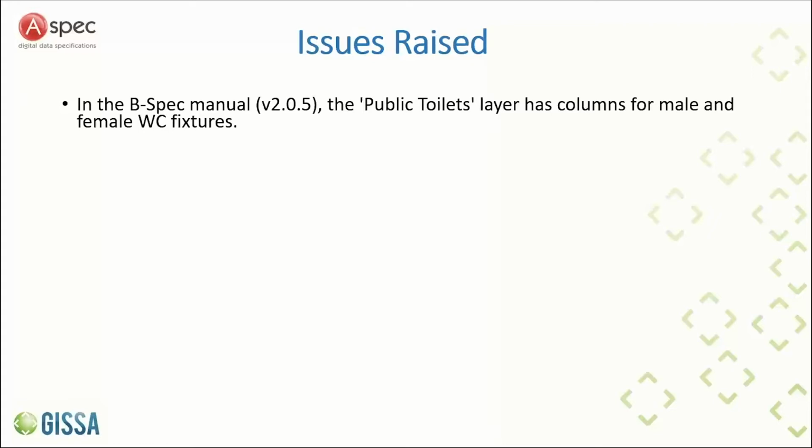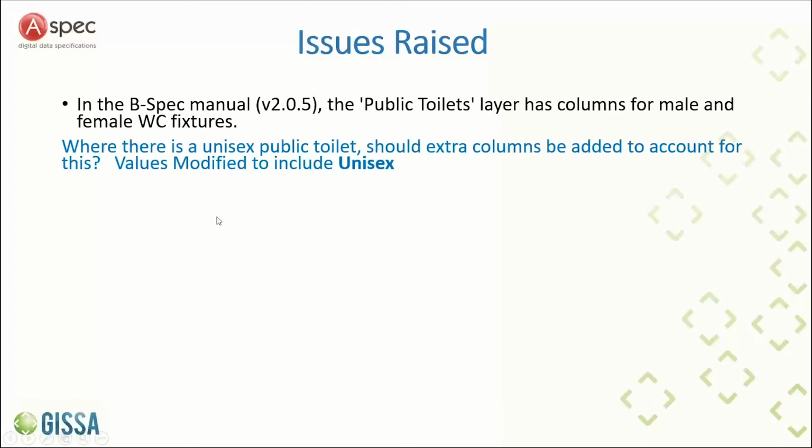So in the B-Spec manual we have a column for male or female fixtures. Really good question. What happens if it's a unisex public toilet? Well, there's no point in adding an extra column. We're going to modify that attribute field, so now you can include unisex.